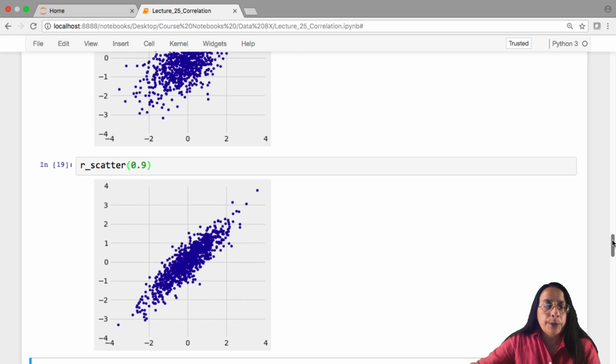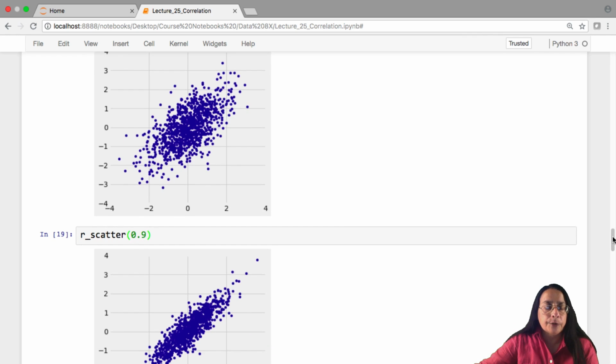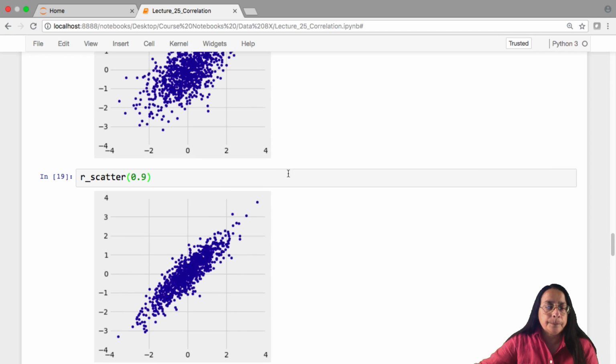Then you can see that the new scatter diagram, which has been drawn to the same standard unit scale, so -4 to 4 on the horizontal axis and the same -4 to 4 on the vertical, this scatter diagram, R equals 0.9, is more tightly clustered about a straight line than the scatter corresponding to R equals 0.6. We say that R measures the degree to which the points are clustered about a straight line. Which straight line will be coming up in the next few lectures.